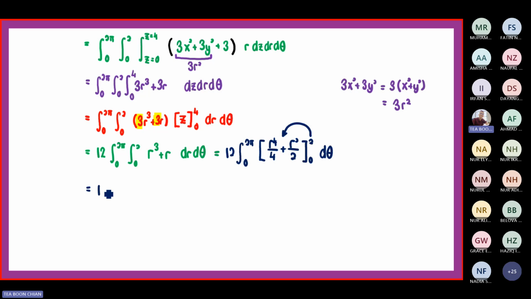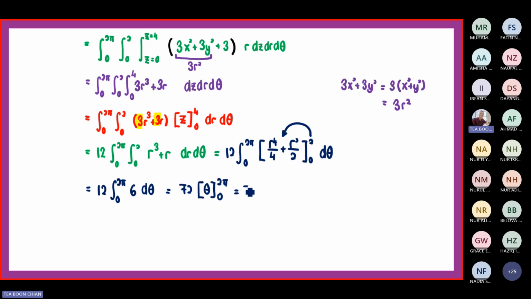Let me write one more step just for the sake of making everything clear. Into it, you get 6 and then d theta. So this gives you 72. Integrate with respect to theta, you get theta, and then 2 pi until 0.